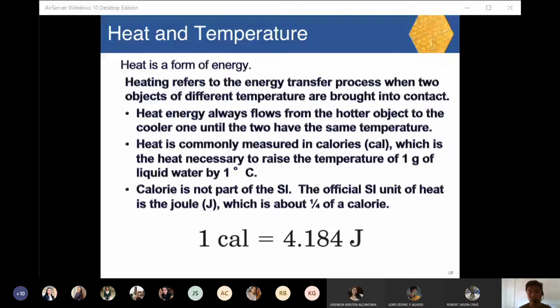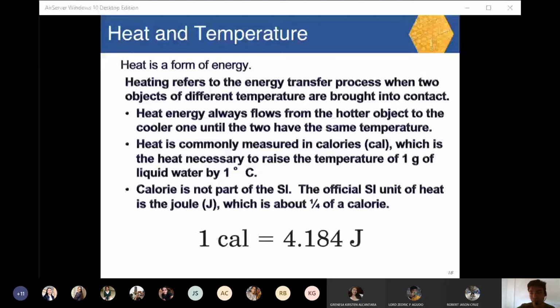So yun, the idea is that heat can transfer thermal energy in the form of conduction, meaning may direct contact. Hawakan ko to, and hawakan ko yung bote, nadadama na niya yung init ko. Okay, so that's conduction.